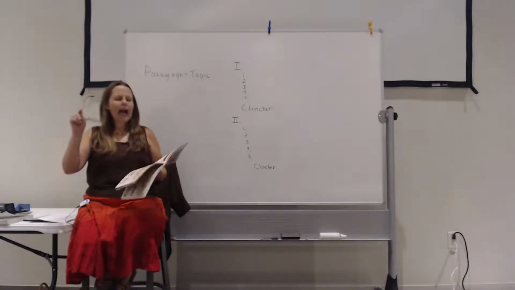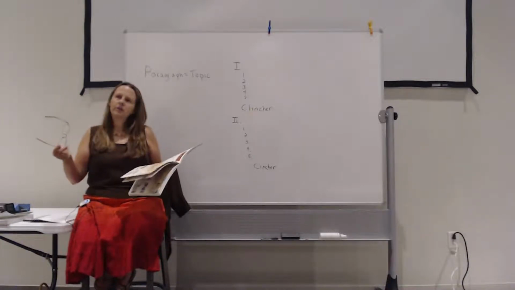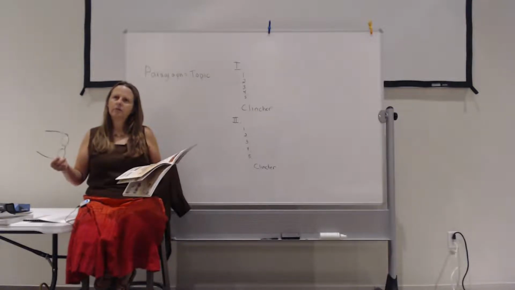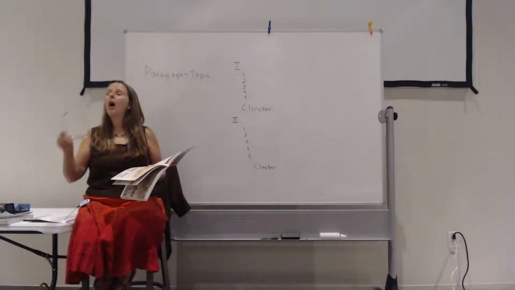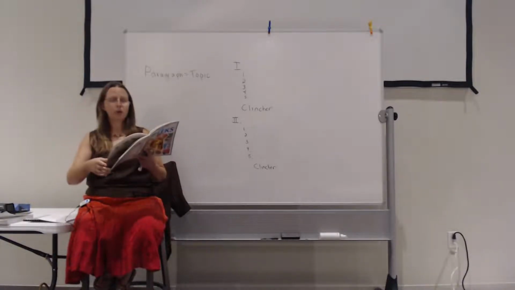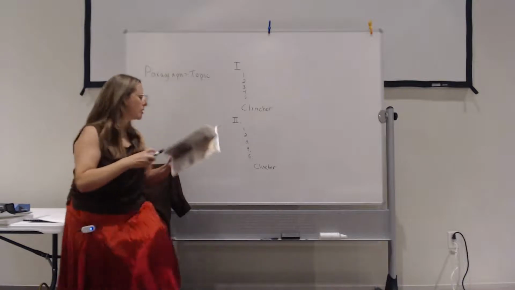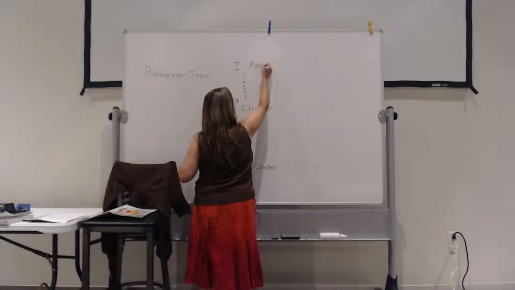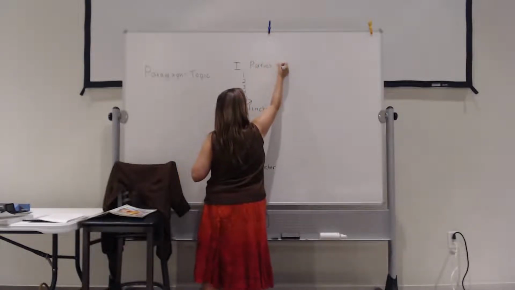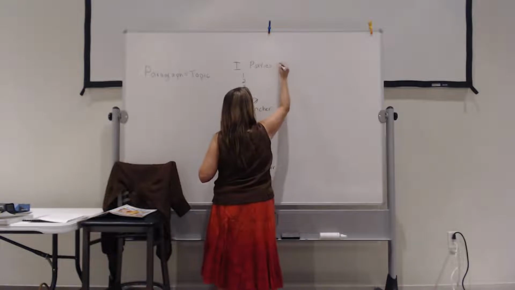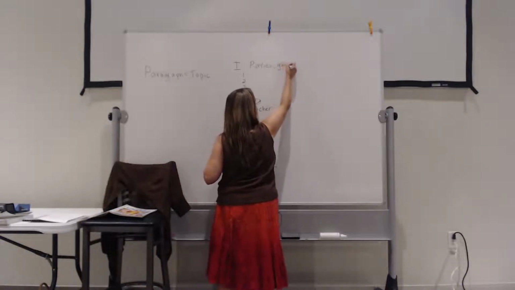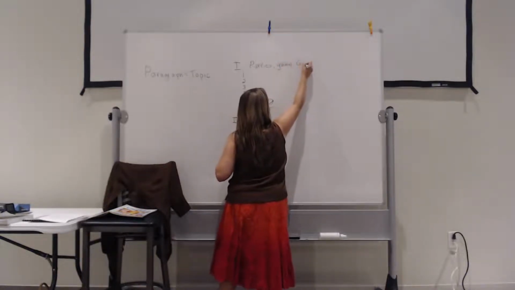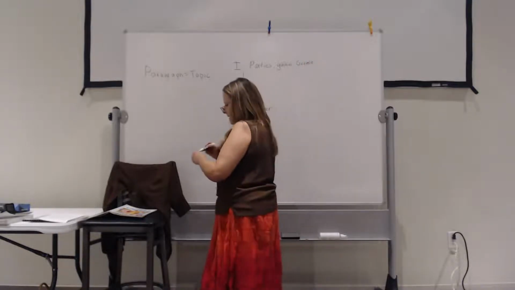How do I know what to choose for my outline? There's a lot of stuff here. We're going to do our first paragraph on parties and games. Go ahead and write that down, because who doesn't love parties and games? My topic is parties and games in ancient Greece.